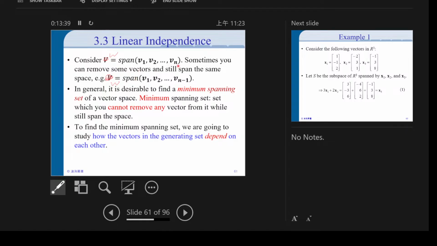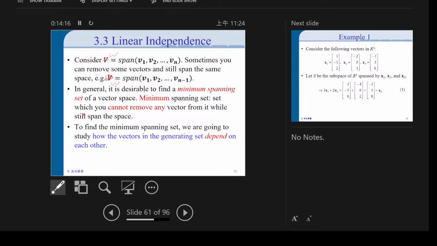If you have a whole bunch of vectors, but we can span our space W without some vector here, then maybe we can just have a smaller set, and a smaller set is better because there are fewer things to write down. Okay, so we want to find this minimal spanning set. Minimal just means that you cannot remove anything here and still get the same space that you span.